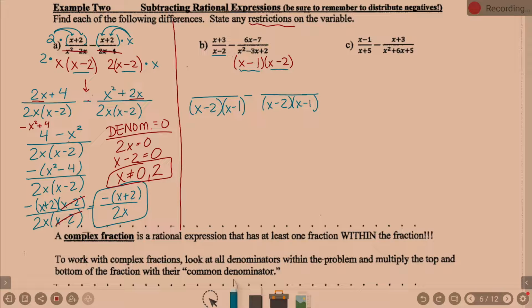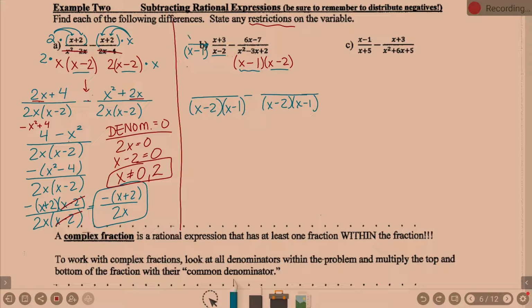Ask yourself, what's your first fraction missing? My first fraction had the denominator of x minus 2. What do we need to get to the common denominator? X minus 1. So I'm going to multiply by x minus 1.